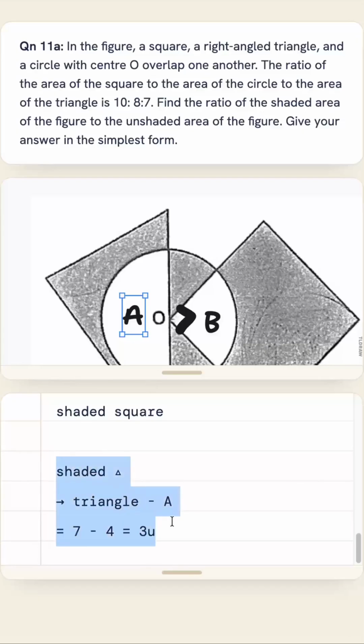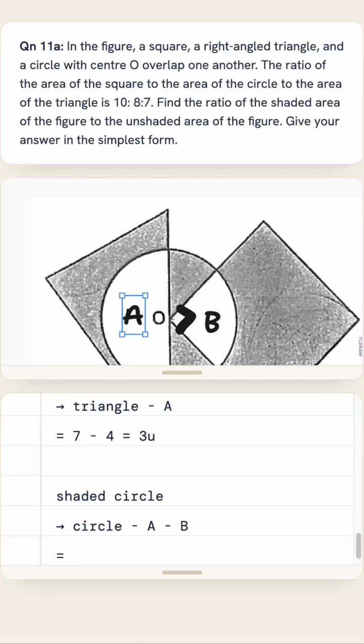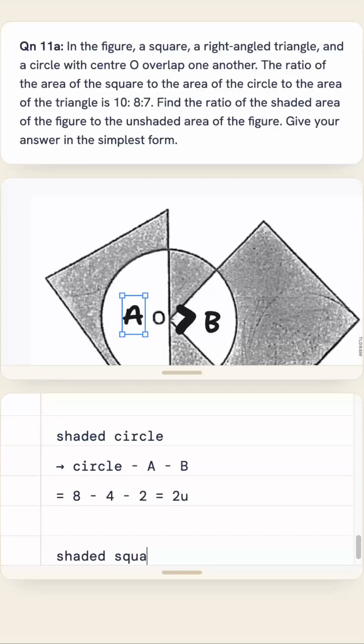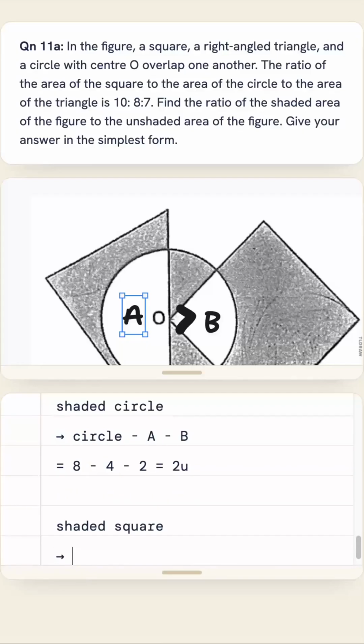Then for the shaded circle, so the circle minus A minus B. So circle is 8 minus 4 minus 2, and this will give us 2 units. Then lastly, we have the shaded square, which in this case is the square, 10 minus 2, and this will give us 8 units.